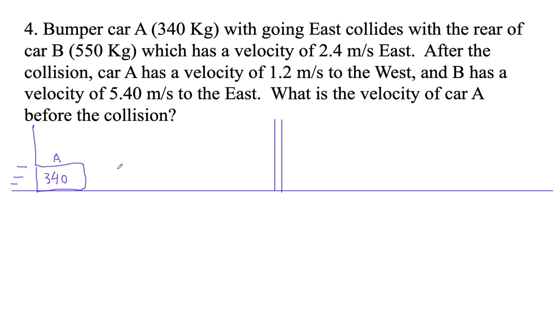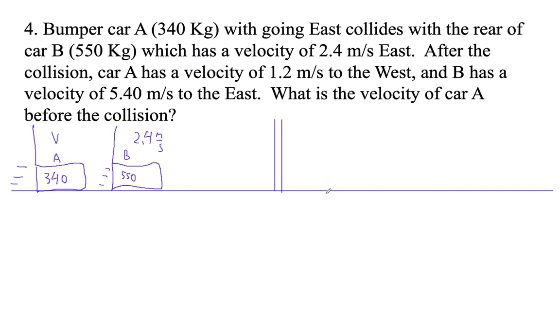The rear of B collides with this velocity. It's also going east. Here's B, and B is 550. And we happen to know this guy is going 2.4 meters per second east, but I guess we don't know this velocity.